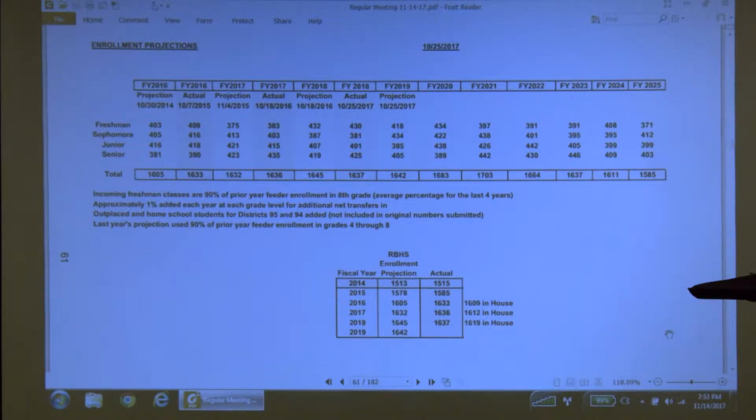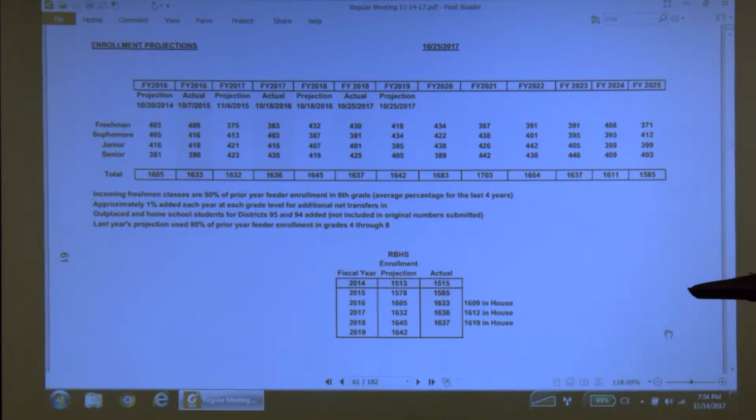Scott, why don't you cover this page on how you come up with your projections? Using the feeder school chart just before this, I take 90% of what the feeder enrollment is to get what I believe the projection is going to be for that incoming class. For the current classes in the school, we add 1% for movement with transfers.